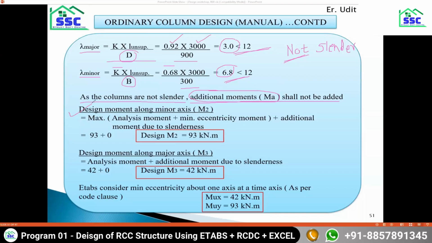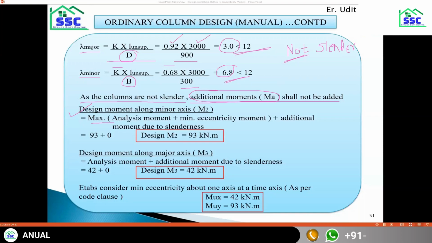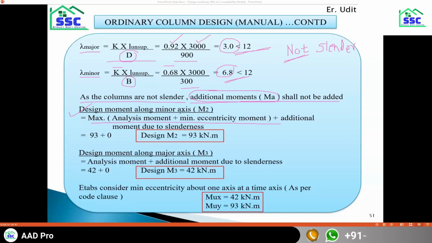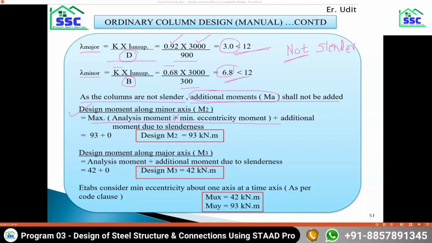Hence, the design moment for my column along minor axis will be maximum of analysis moment, minimum eccentricity moment. This should not be plus actually here, this should be comma. Very sorry, we will correct it later on.